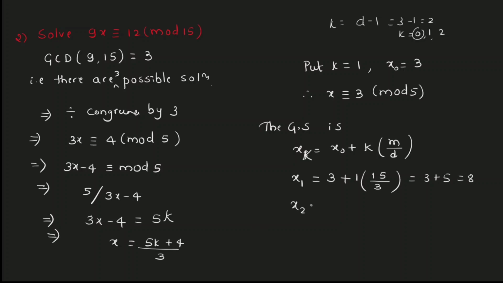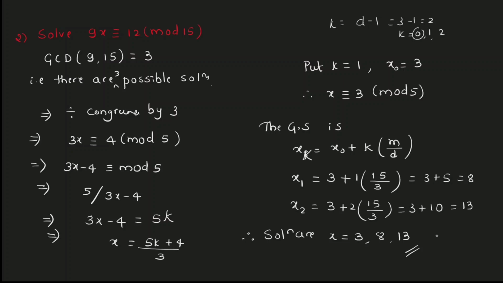Now put k as 2. x2 is 3 plus 2 into 15 by 3, so 3 plus 5 into 2, 10. It is 13. Therefore, possible solutions are x equal to 3, 8 and 13. One thing, as I said, your solutions must be less than your m.